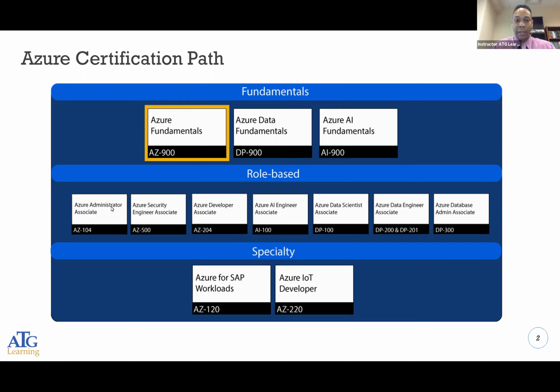So in order for you to take the Azure Administrator or Security Engineer, you need to have passed your Azure Fundamentals before you can move on to any of the specific role-based or job-based. I like to replace the word role with job-based technical roles that you would have in an organization. Hey, I'm an administrator, I'm going to be the one implementing and managing some of the components that go into the Azure cloud or Azure security.